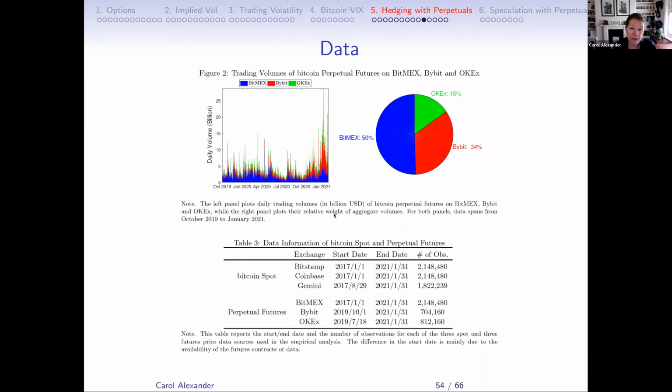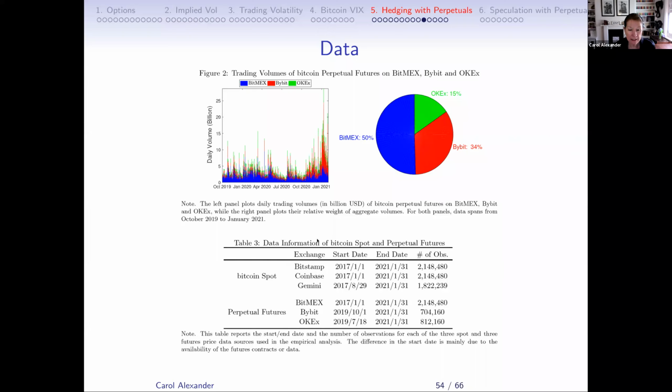So just looking at trading volumes on these perpetuals, overall, most of the volume was on BitMEX, but more recently, BitMEX is really losing ground. Bybit and OKEX, and even more recently, Binance, as I said, have just come into the frame on Bitcoin as well as others.